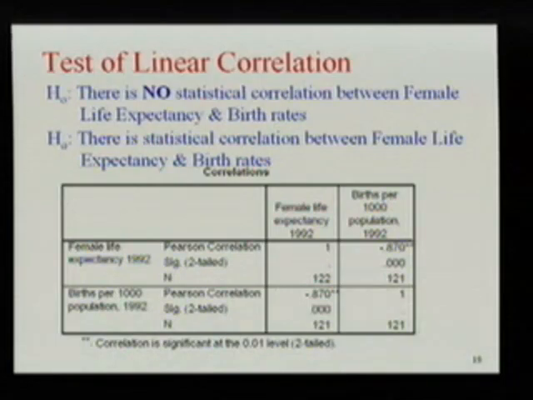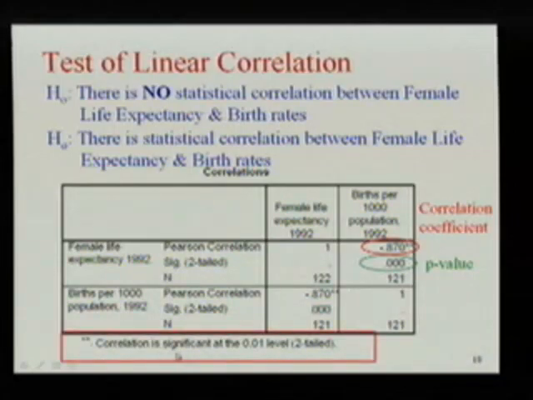Okay, and in fact, most of the time when you run this in most software, they will also give you some notation and put a note here telling you, for this particular number with that p-value, how significant it is. Look here. It says correlation is significant at the 0.01 level, right? Which means this p-value is actually even less than 0.01.